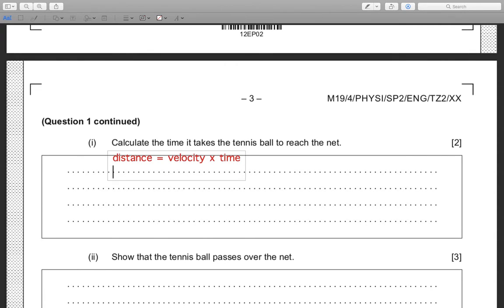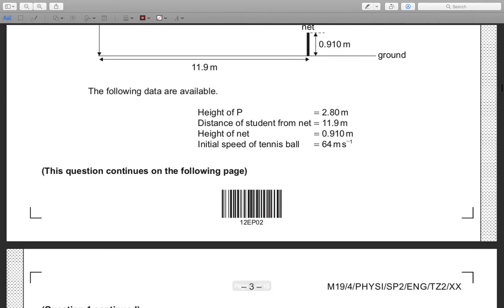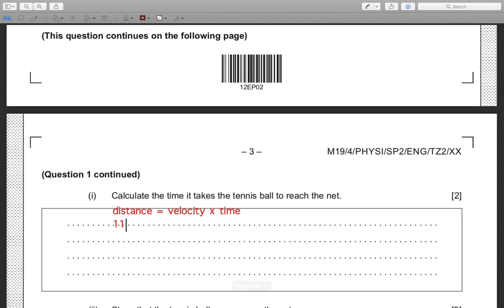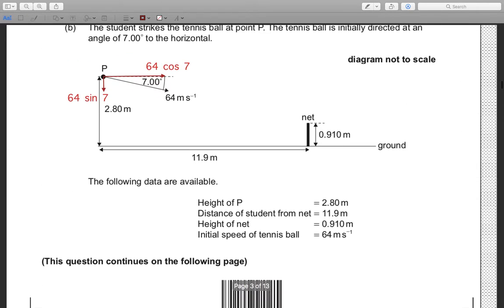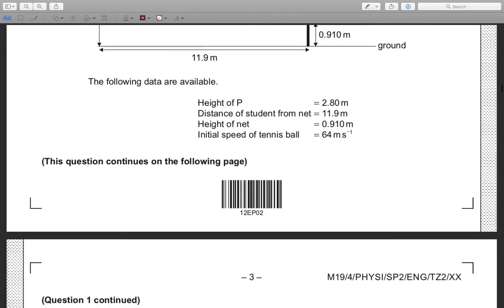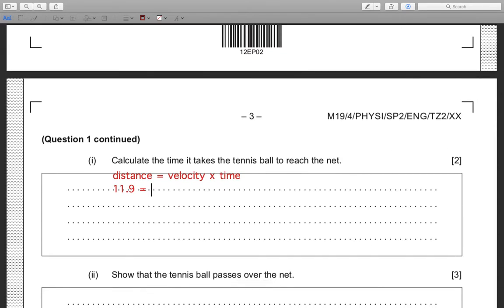So 11.9 equals 64 cos 7 times t. Yes, we get t.